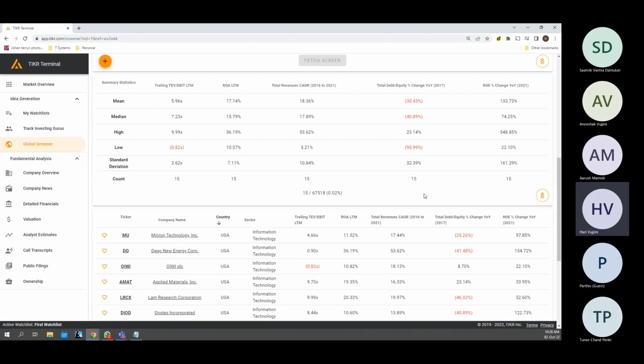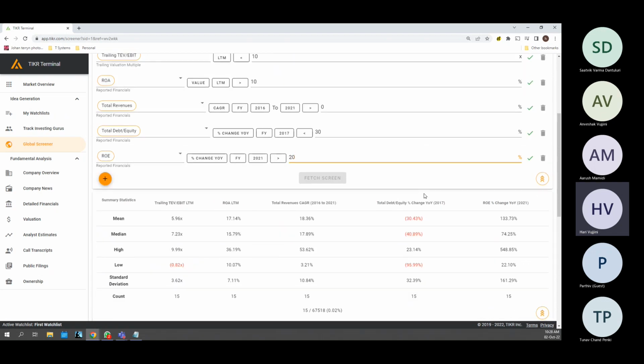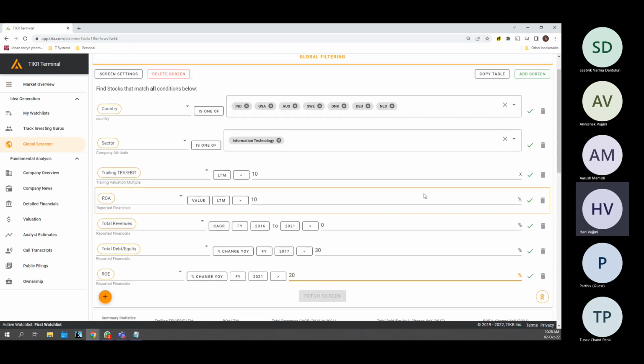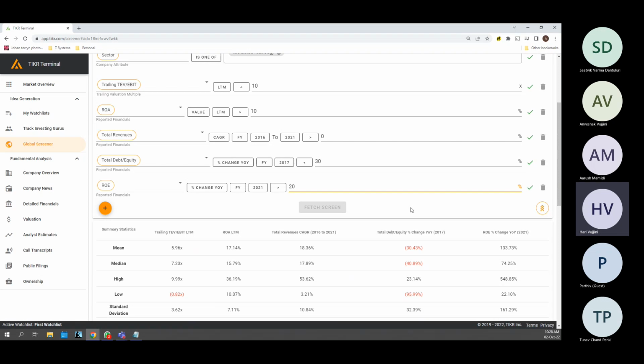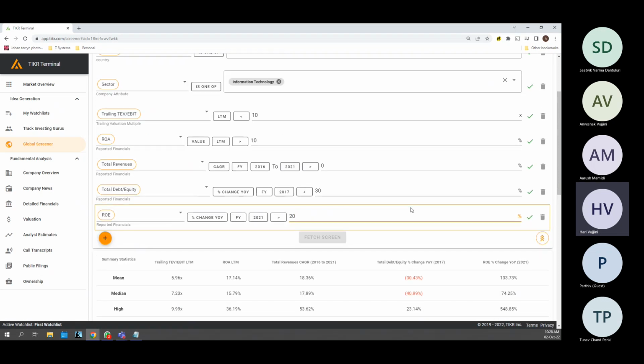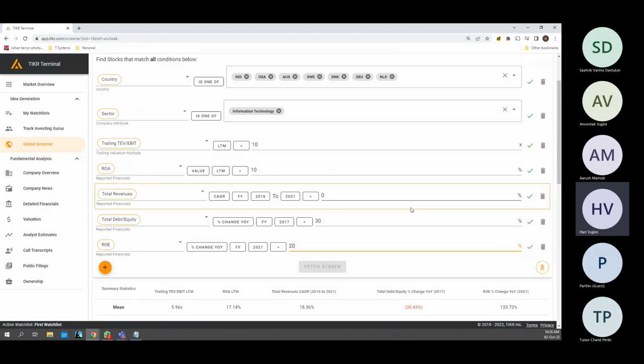So this is how you could use tools like Ticker and screener to understand the business. The good thing is you are sitting somewhere with internet access. You can look at all the businesses around the world and get an understanding of them.